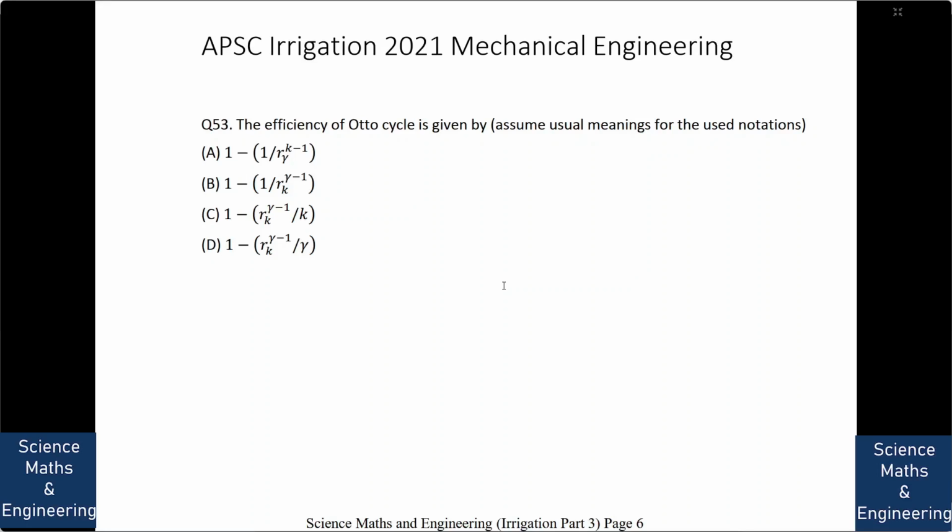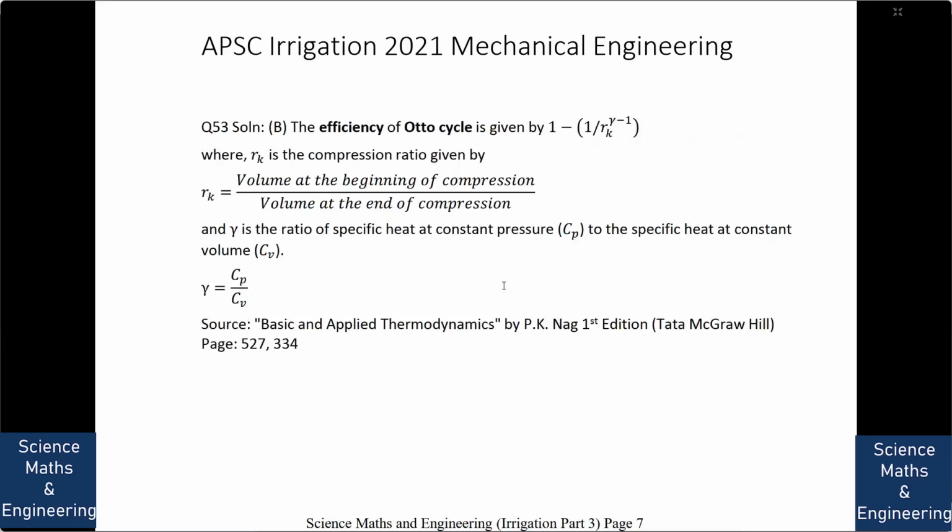C, 1 minus Rk to the power gamma minus 1, divided by k. And D, 1 minus Rk to the power gamma minus 1, divided by gamma. You can pause and think of the answer. So the answer is the efficiency of Otto cycle is given by 1 minus 1 by Rk to the power gamma minus 1.